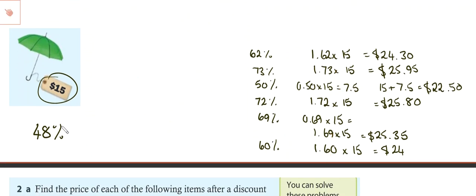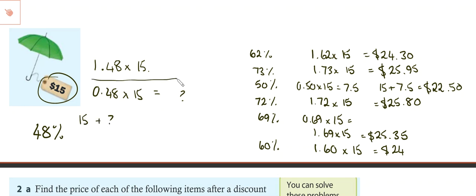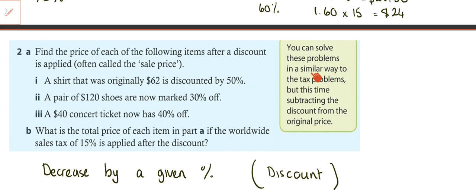So I would do 1.48 times the 15, or 0.48 times 15 equals something, and then I would add it on. So either method. Now you are going to do a discount, so you could subtract, or try and use the other method. Have a go if you think you're ready.